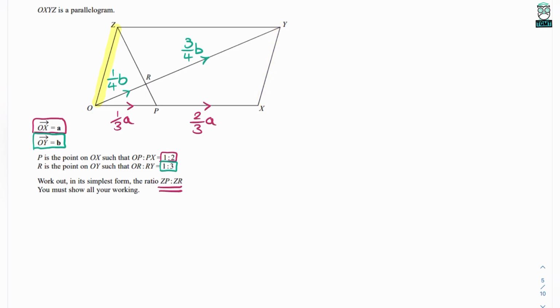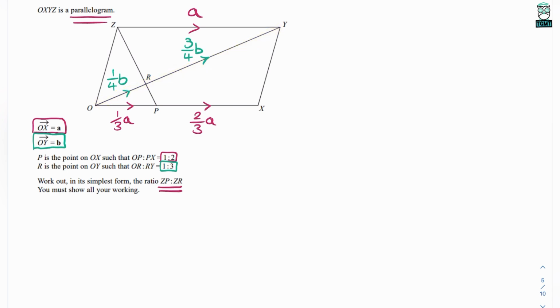Now to get from z to o, let's think about the journey of the vectors that we have. We know the top here is the same as the bottom, as it is a parallelogram. So all the way across the top would be 1a. We also know that to get from y to o, the opposite direction, that's just a movement of b, or in the case of going from y down to o, that would be minus b.